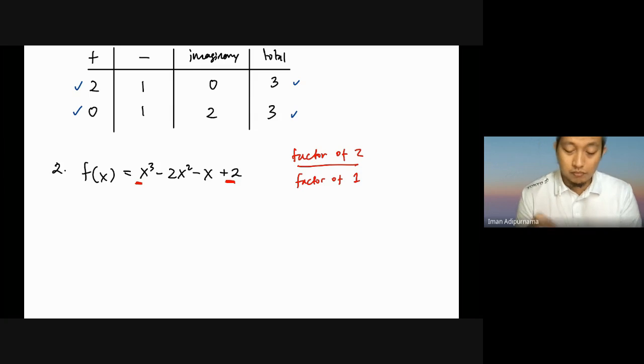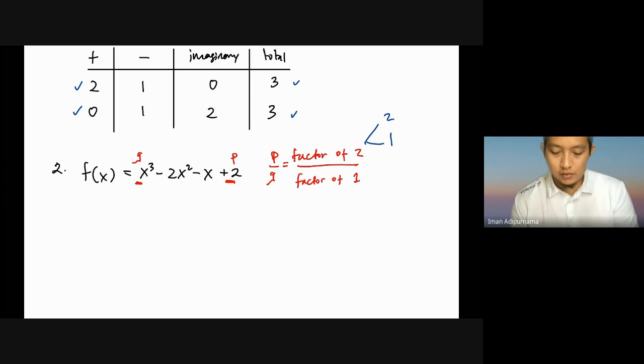If you remember, we write this as P over Q. This is P, this is Q. Factor of 2 is 2 and 1. Factor of 1 is just plus minus 1. So this is plus minus, right?